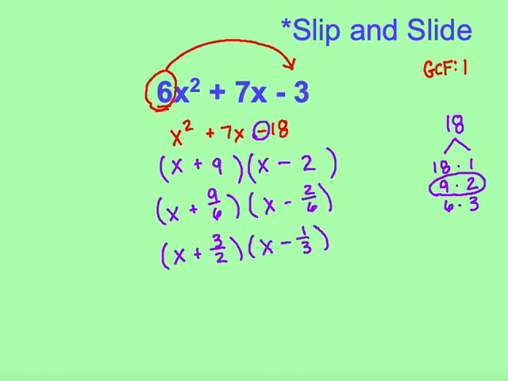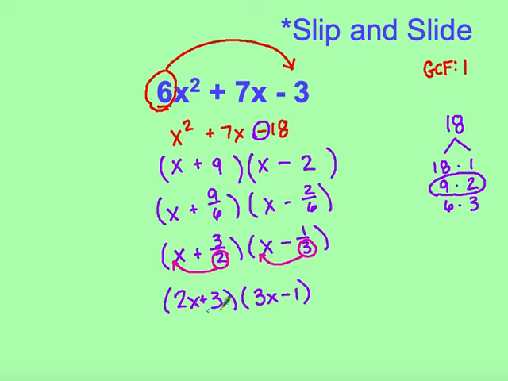Now what you're going to do is slide that denominator to the front of each binomial. So that's going to make this a 2x plus 3, and that's going to make my second binomial 3x minus 1. Now I'm going to go ahead and do my check.